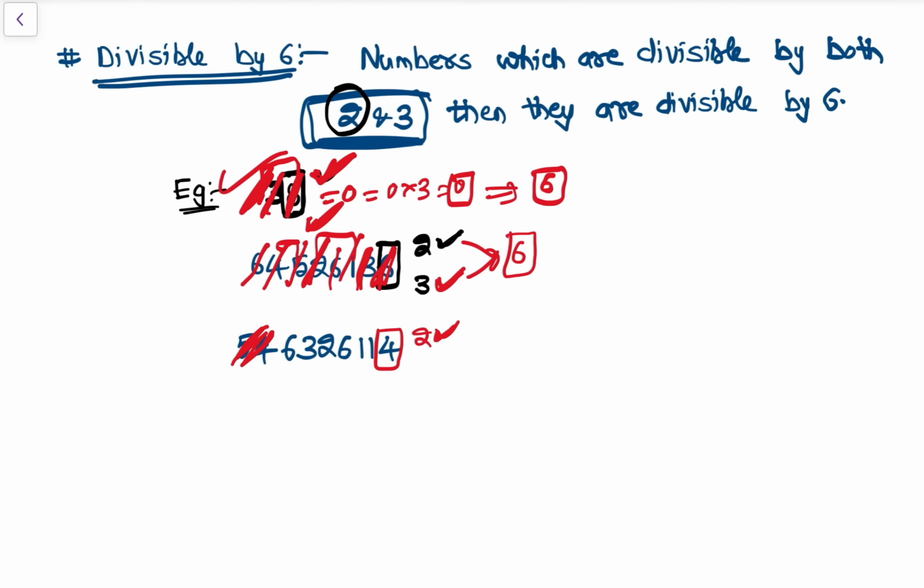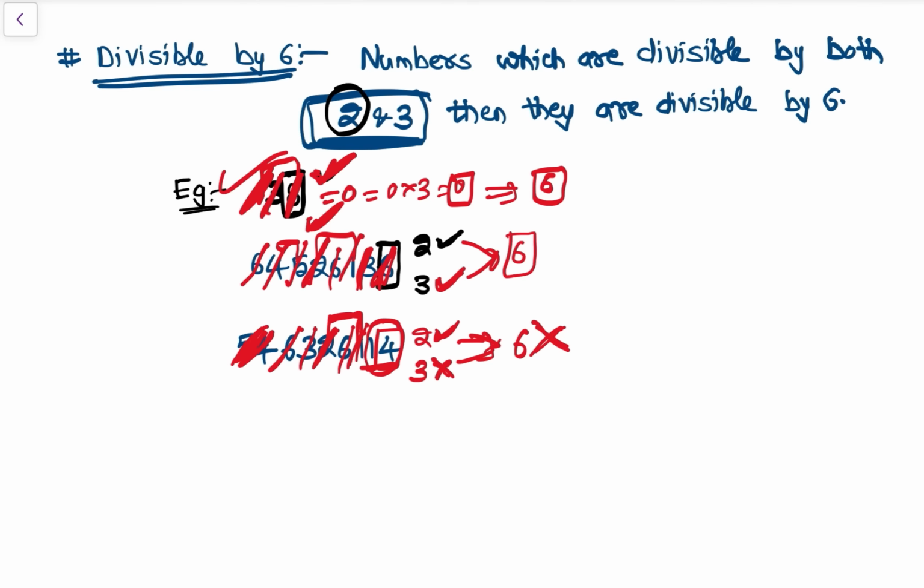See, 5 plus 4 is 9, cut it, 6 cut it, 3 cut it, then 6 cut it, 1 plus 2 is 3 cut it, then 4 plus 1 is 5. So 5 is not a multiple of 3, so it is not divisible by 3. Since it is not divisible by both 2 and 3, it is also not divisible by 6. It must be divisible by both; only then is it divisible by 6.